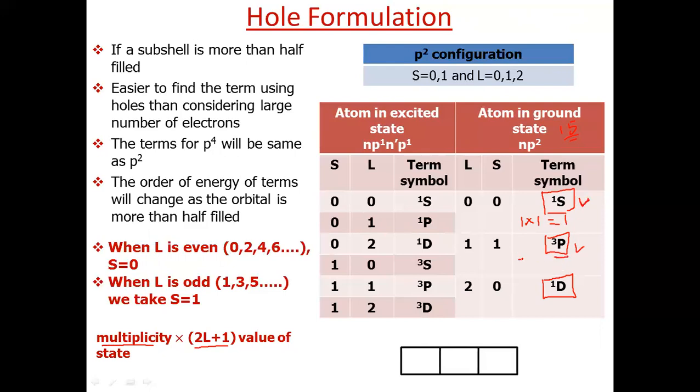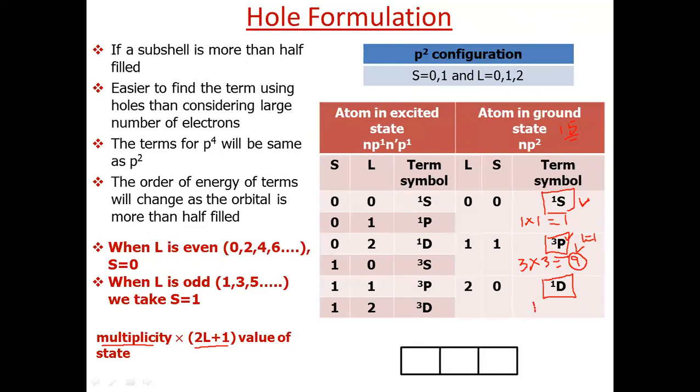For 3P, multiplicity is 3, multiplied by, as it is P, the value of L is 1. So 2 into 1 is 2, 2 plus 1 is 3, 3 into 3 is 9. So this 3P state can represent 9 microstates.